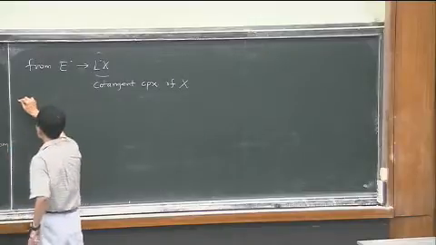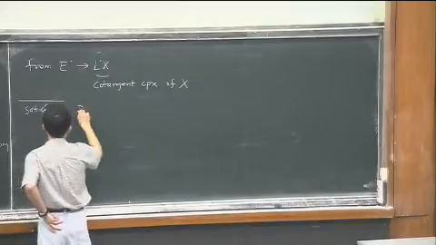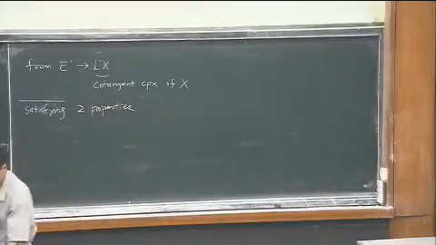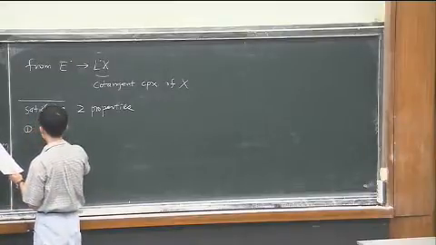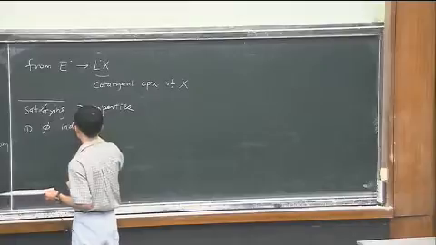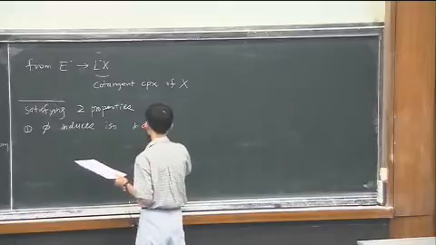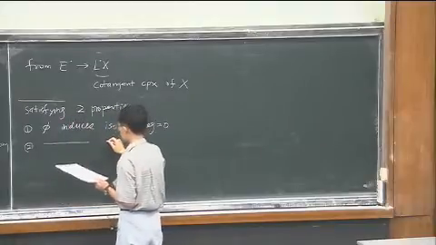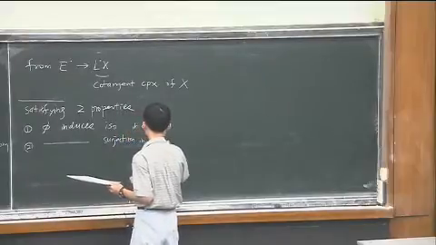And this data has to satisfy two properties. As I said, let me first write down all of them, and then I will explain this. The morphism phi induces an isomorphism in degree 0, and it induces a surjection in degree -1.